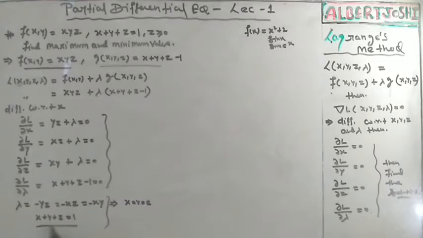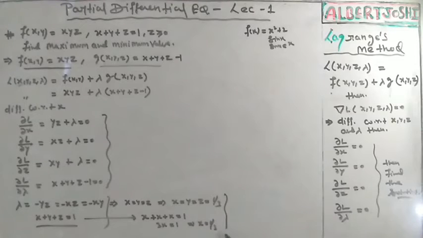Now put here, then x plus x plus x is equal to 1, 3x is equal to 1. It implies that x is equal to 1 upon 3. Similarly, y is equal to z is equal to 1 upon 3. So you got x is equal to y is equal to z is equal to 1 upon 3.